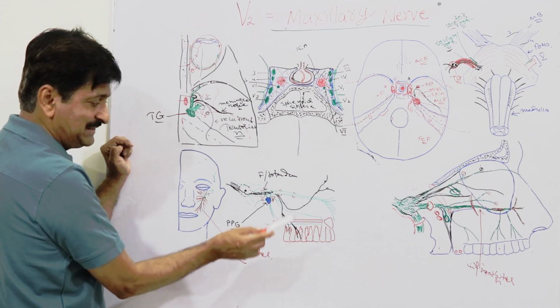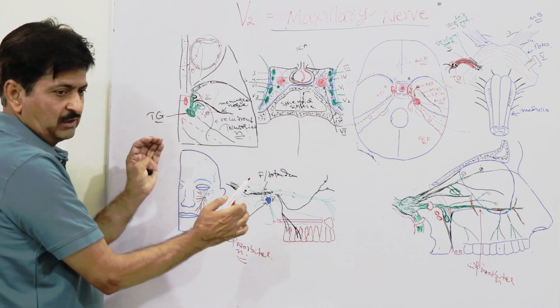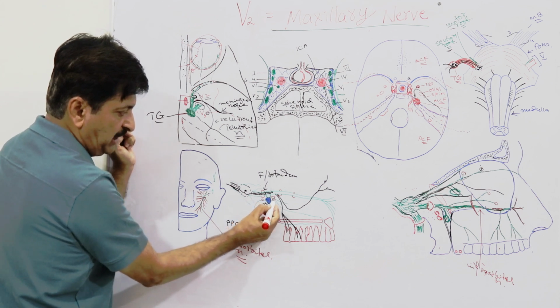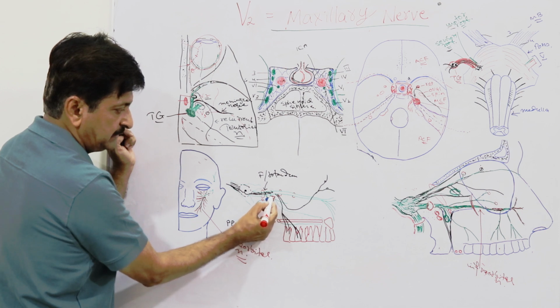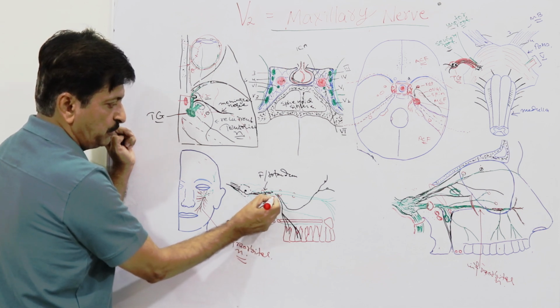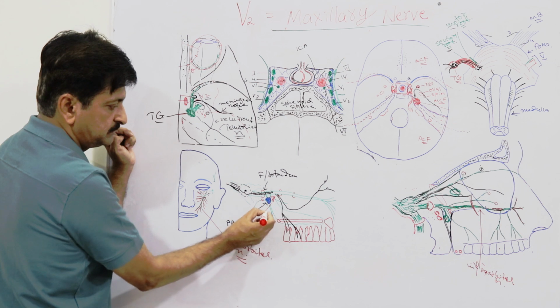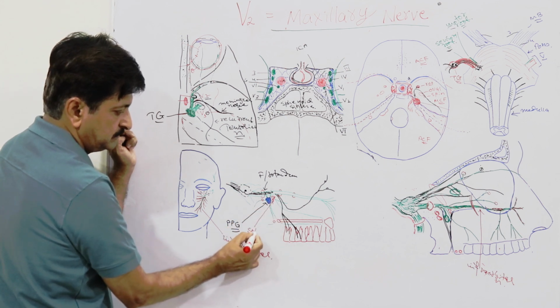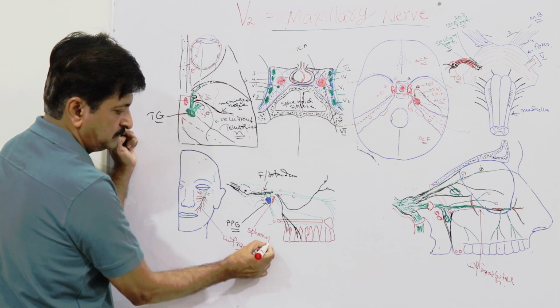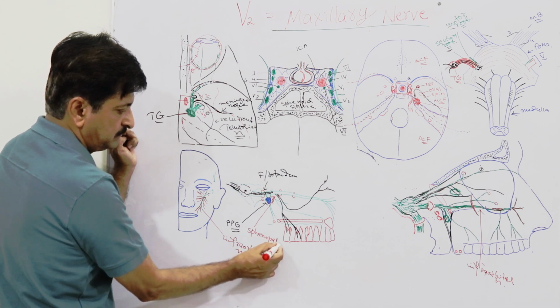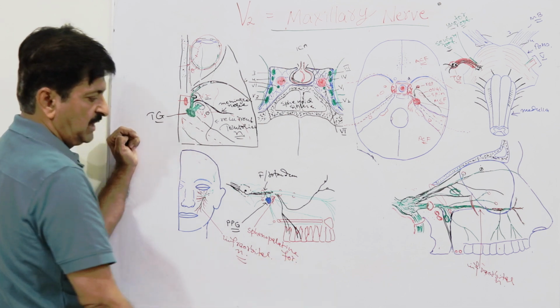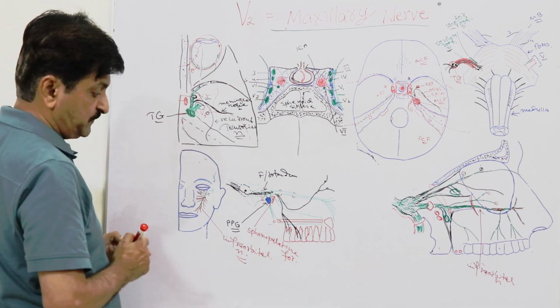pterygopalatine fossa here. In this pterygopalatine fossa, where you see the medial wall, this triangular gap in the medial wall is the sphenopalatine foramen. So this one is called the sphenopalatine foramen. This is the sphenopalatine foramen.